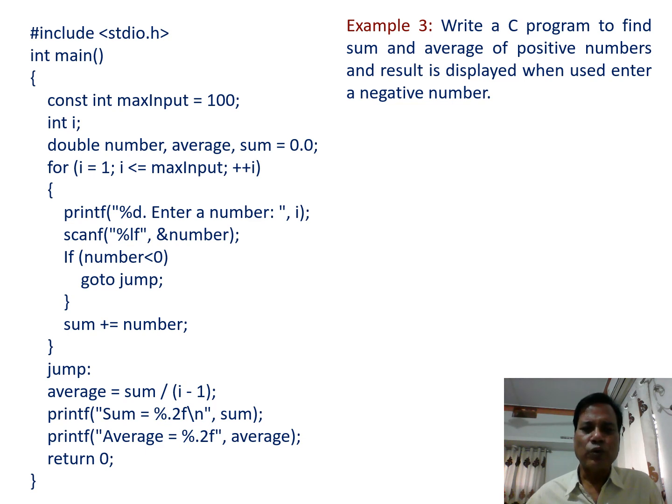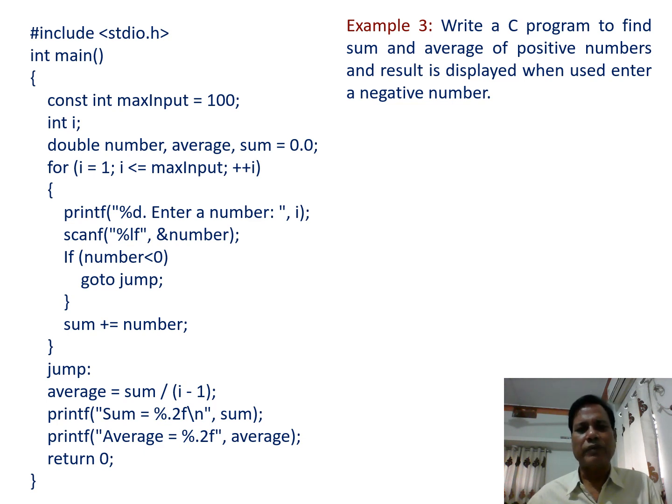So this goto jump is executed when number is less than 0, when this condition is true. But suppose the first time this condition is not true, then out of this if statement, sum plus equals number. What is the previous sum? To that, the next number is added.